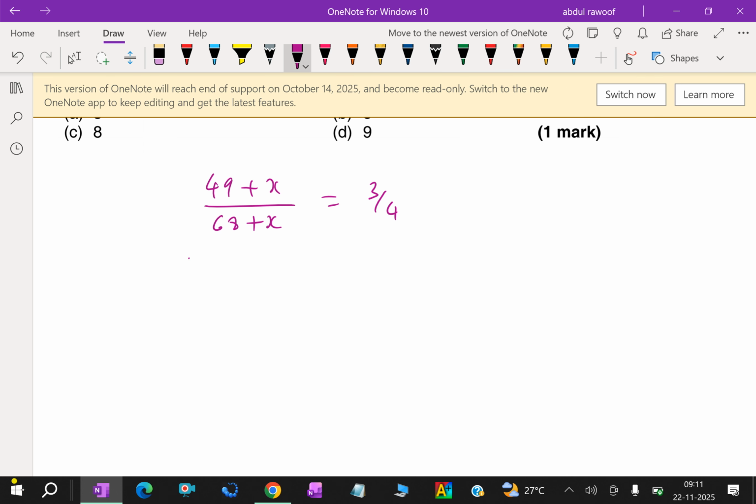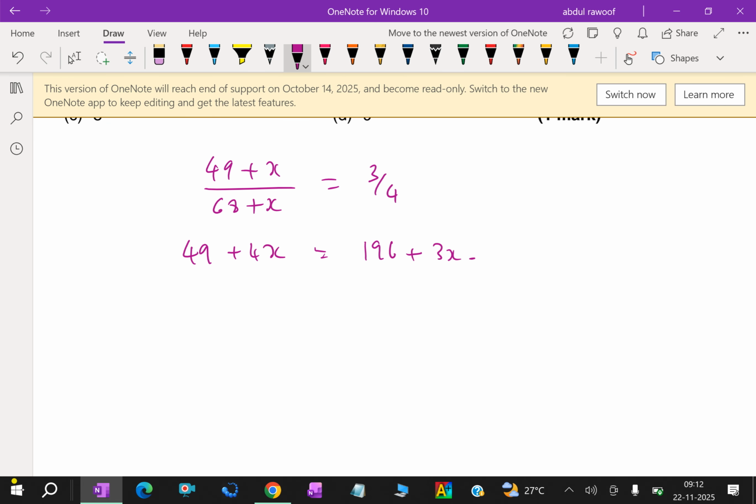Cross multiplying, 49 plus 4x equals 3 into 68 plus 3x. Collecting x on one side, that is 4x minus 3x equals 196 minus 49.